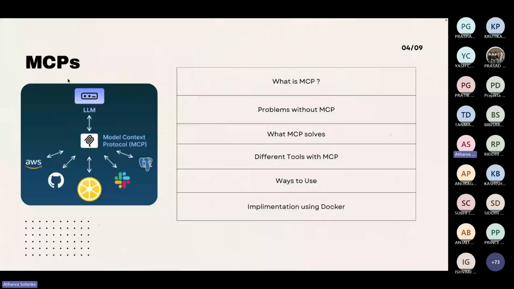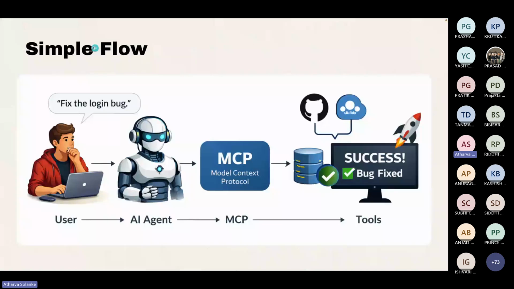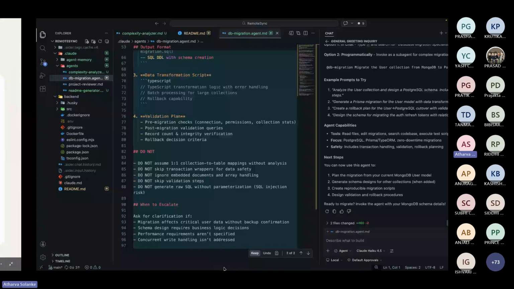So let's understand it in a simple flow. You are a user. If you want to fix the login bug, you tell the AI agent. This is the AI agent that we are using, right? This DB migration agent, this is the AI agent. So you tell this AI agent to fix this login bug. The AI agent will go to MCP.